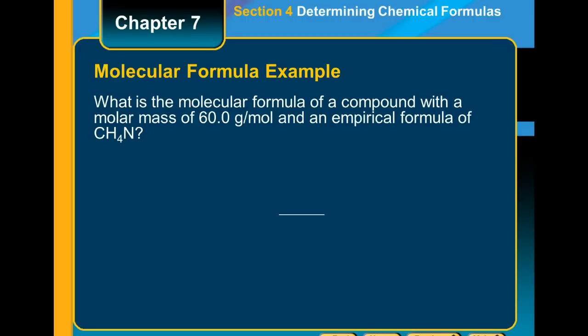Well, here is a problem. It says, what is the molecular formula of a compound with a molar mass of 60 grams per mole and an empirical formula of CH4N? So they're being nice. They're giving you the empirical formula, and now all you have to do is add the additional piece to it. So what you do is you find the molar mass of the empirical formula they've given you by taking the fact that there's 1 carbon, 4 hydrogens, and 1 nitrogen, multiply them by their molar masses, and get the formula mass for the whole thing.